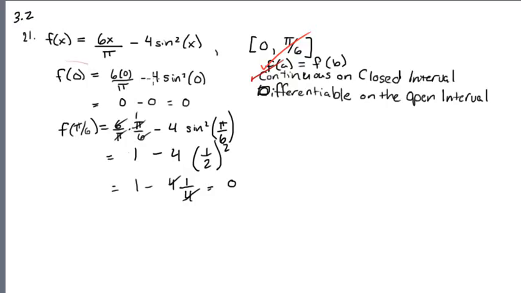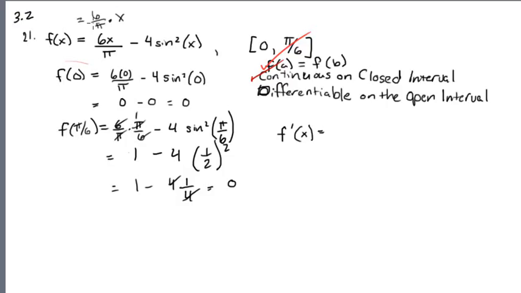Differentiable. Well, let's find its derivative. F prime of x. Well, the first part, 6 over pi. Remember that you can take this whole part right here and think of all of the constant multiples that occur. This is the same thing as 6 over pi times x, this first term.